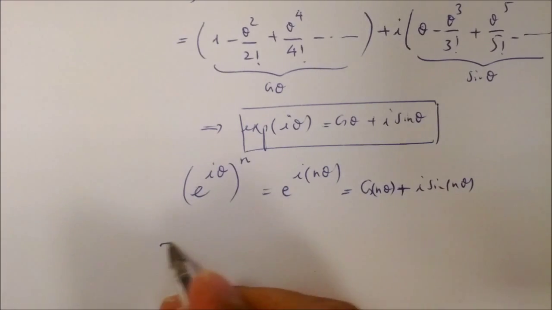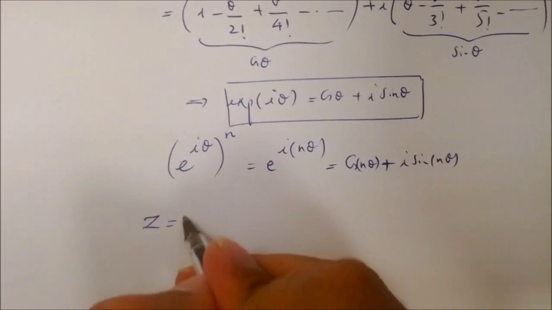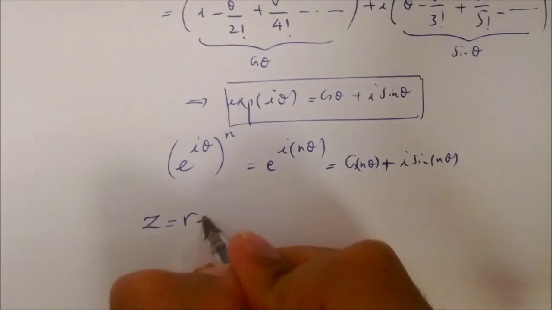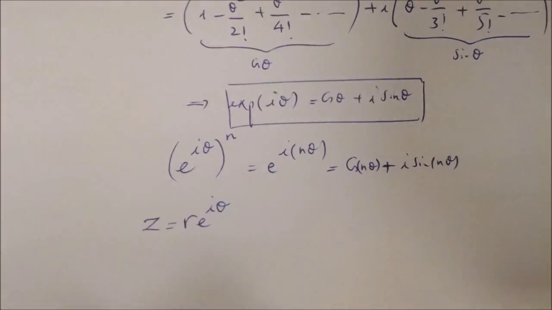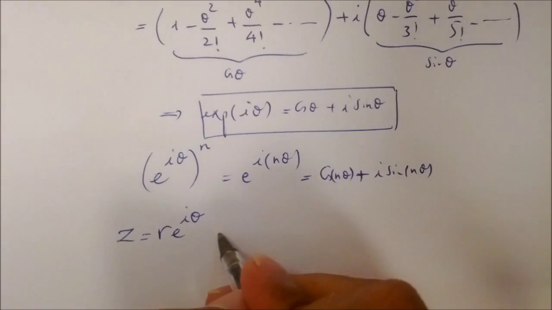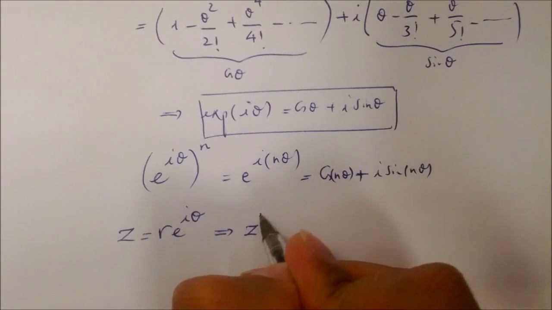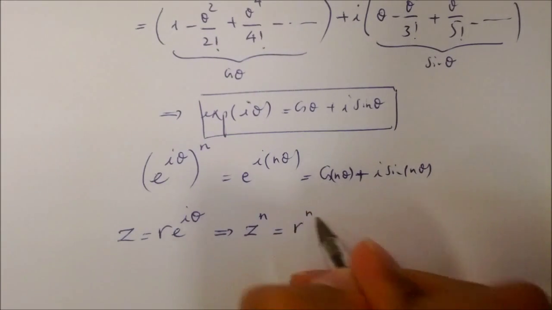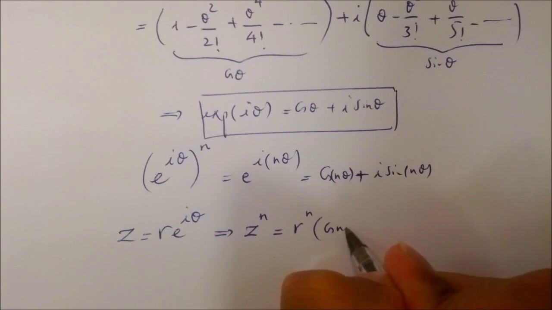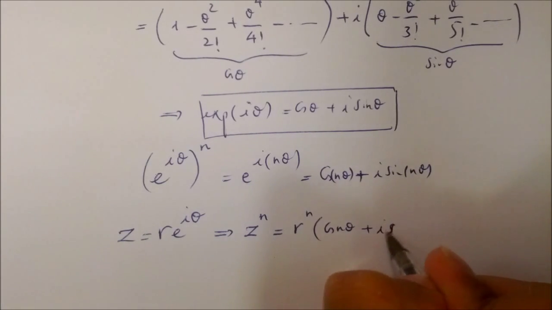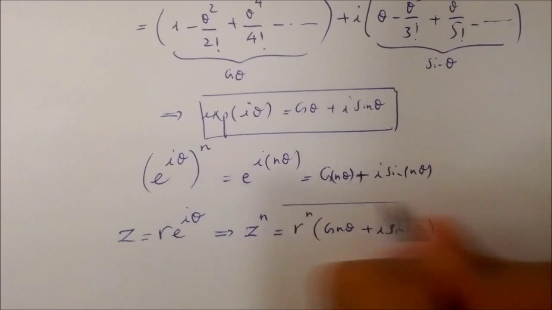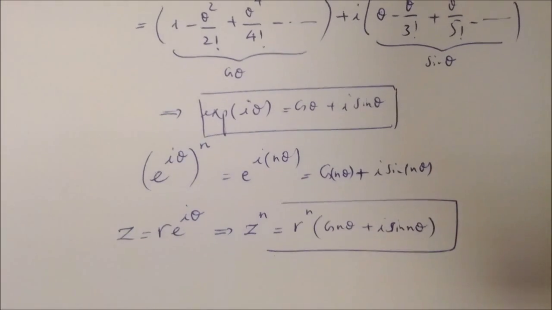Therefore, if I have a complex number as r times e to the i theta, z to the power of n will be r to the n times cosine n theta plus i sine n theta. This is a very important relation.